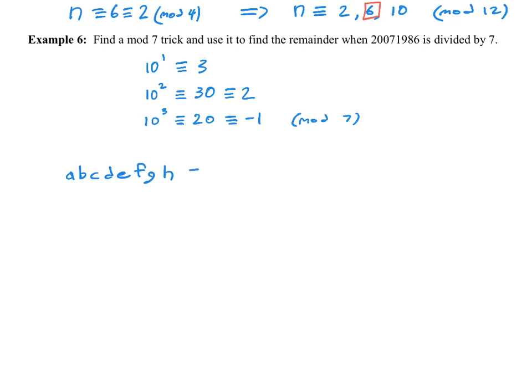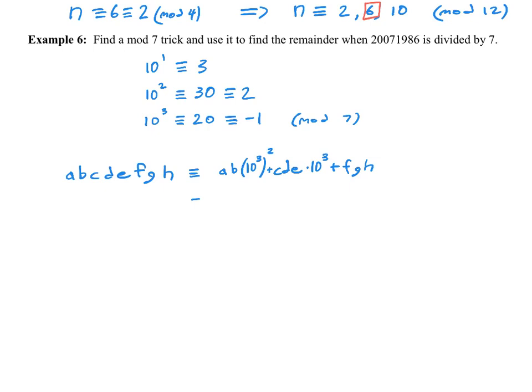So break it up into groups of 3. The F, G, H will be my first group. And then my next group of 3 will be C, D, E. So C, D, E would get multiplied by 10 to the power 3. And then the final group is just AB. There's just 2 digits there, but that's fine. So AB would be multiplied by 10 to the power 6, or you could write that as 10 to the power 3, all raised to the power of 2.